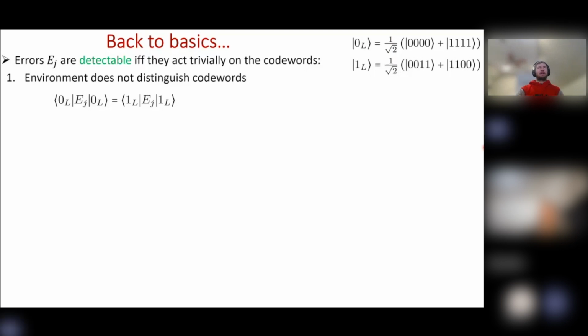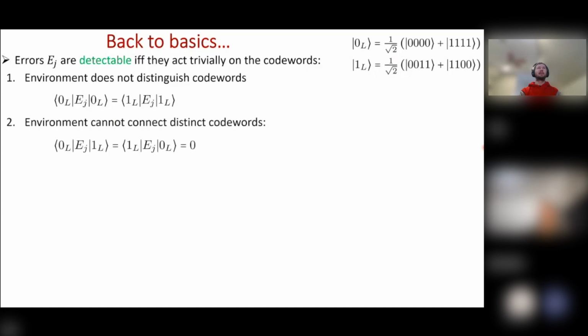Then if the expectation values are not equal, the environment will know that you're slightly prejudiced to one or the other, depending on the absolute value. And the error will be at least somewhat detectable. So in order to have the error not be detectable, you have to have the expectation values the same. The other condition is the off-diagonal condition, where you have errors that connect the two code words.